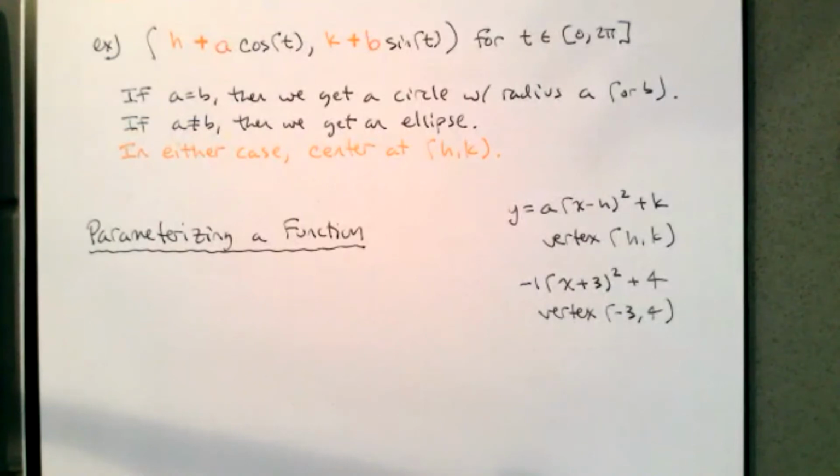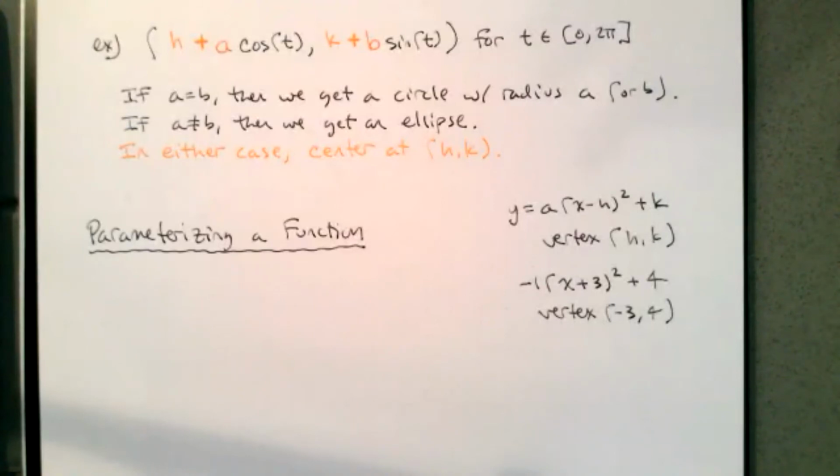But this needs to be backwards compatible. I can't have two separate systems where functions just can't be represented as a parameterized curve. I have to be able to parameterize everything to make parameterization the more general thing.